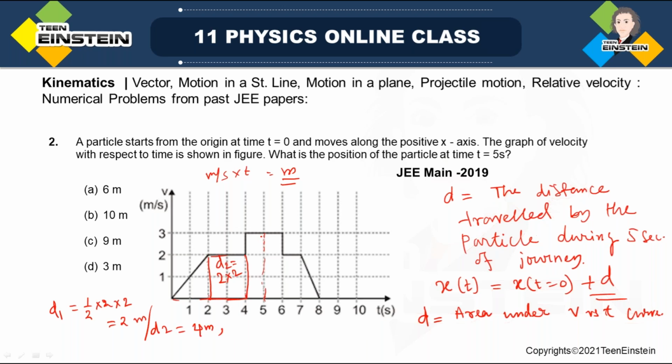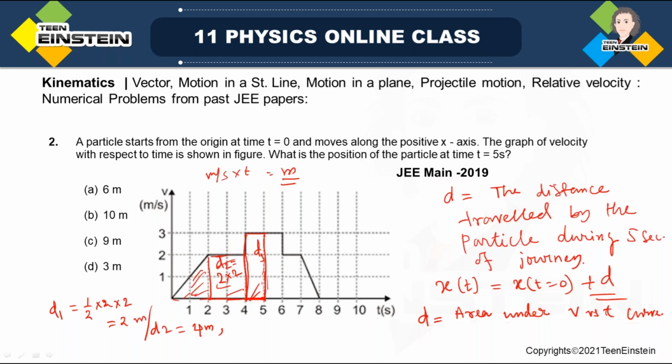Very simple. Now you have this much area to find out. So what is the area? This is actually a rectangle. You can see that all the way. You have to find out this area. Okay, so this total area will give you the total area. So, suppose the distance is d3 here.